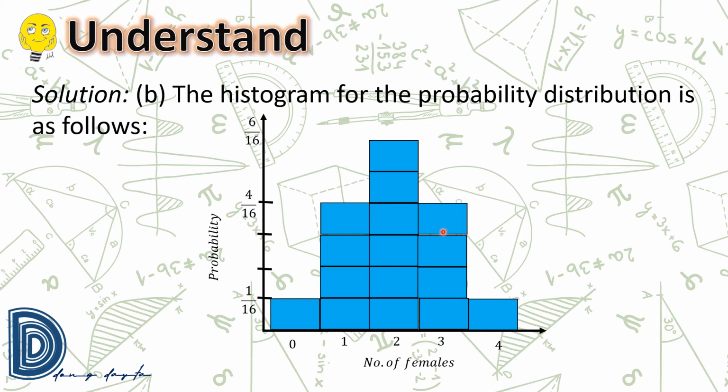And 4 females in the household, that will be 1/16.